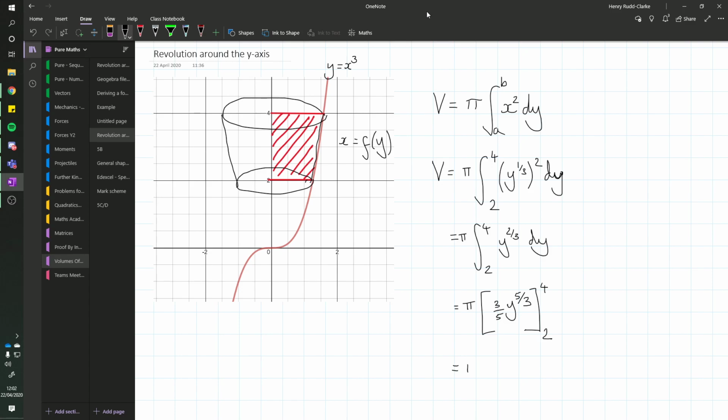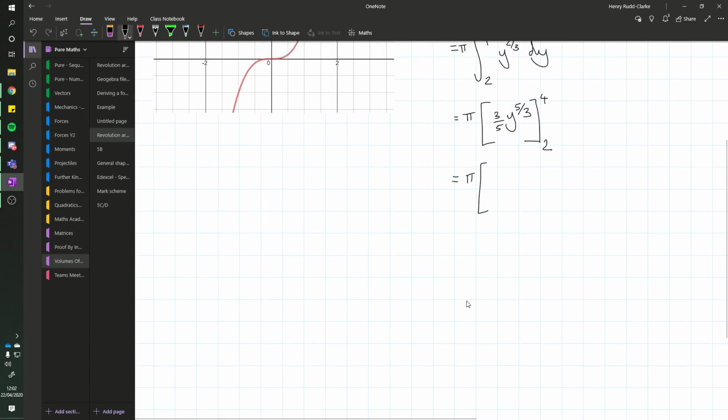I've just picked it at random. So I suppose I can just take the 3/5 out like I did before. So 3/5 pi times 4 to the 5 over 3 minus 2 to the 5 over 3.